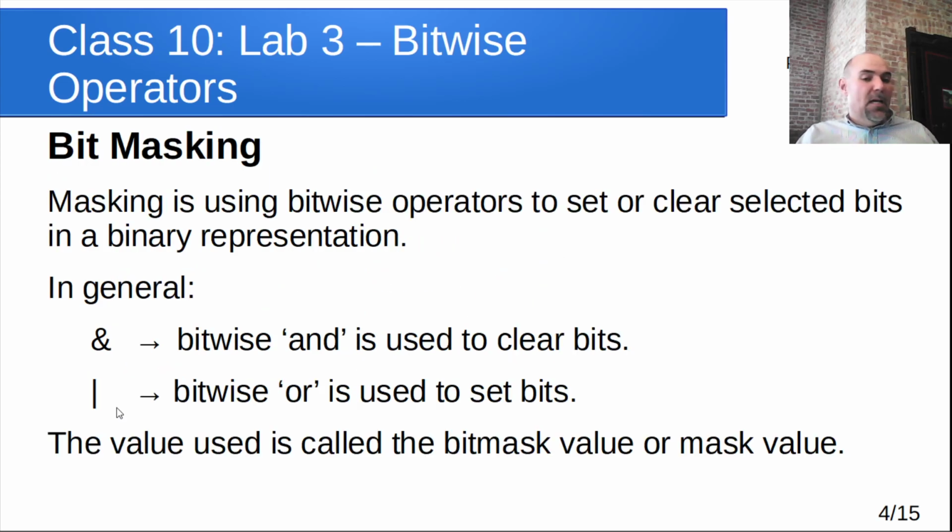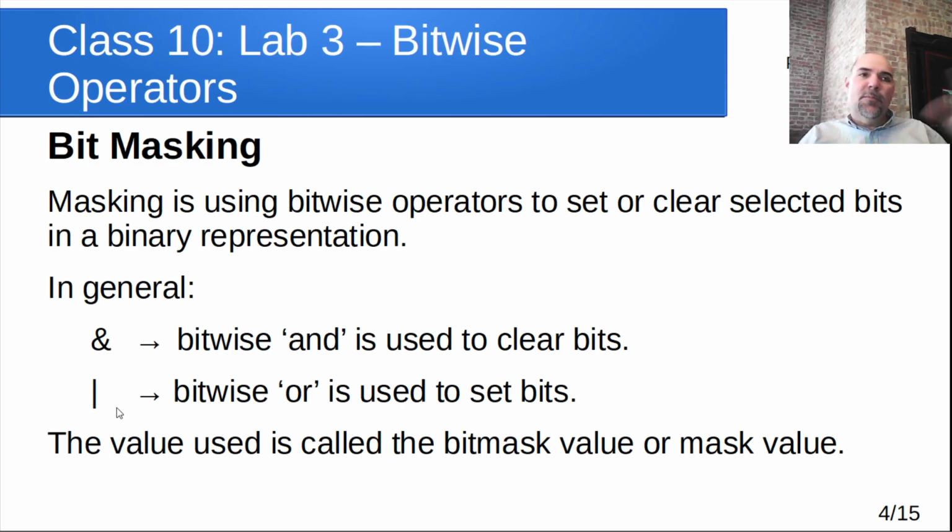Okay, now, for the lab, and just for general system programming concepts, there is this concept of bit masking. Bit masking uses bitwise operators to either set, meaning turn a bit from a 0 to a 1, or force a bit to be a 1, or to clear, meaning force a bit to a 0, in some binary representation of data.